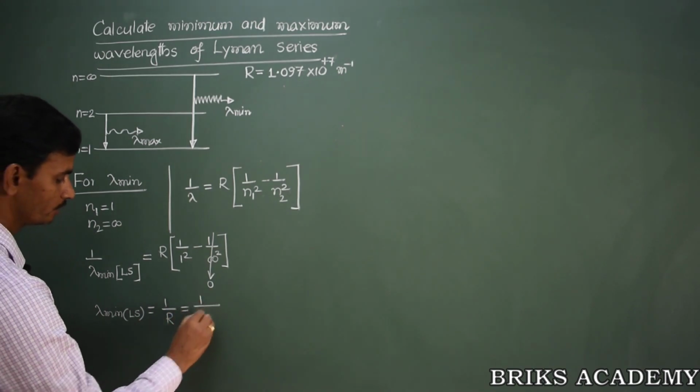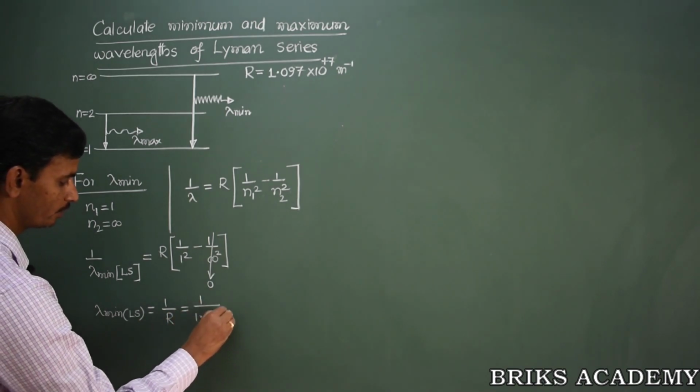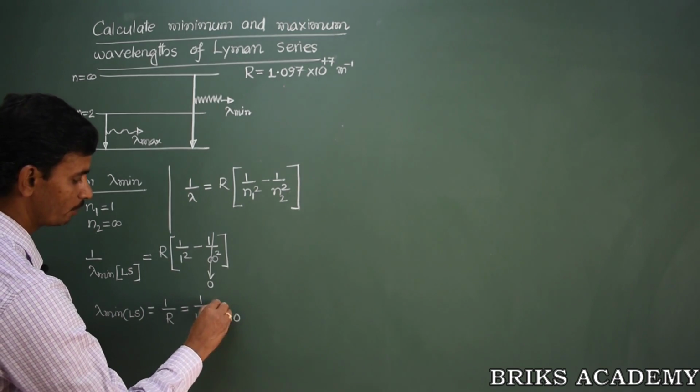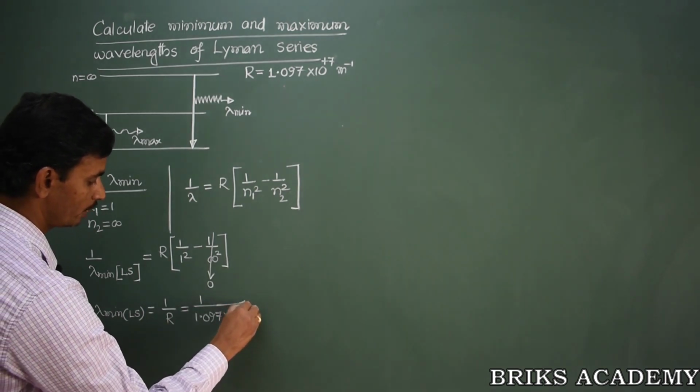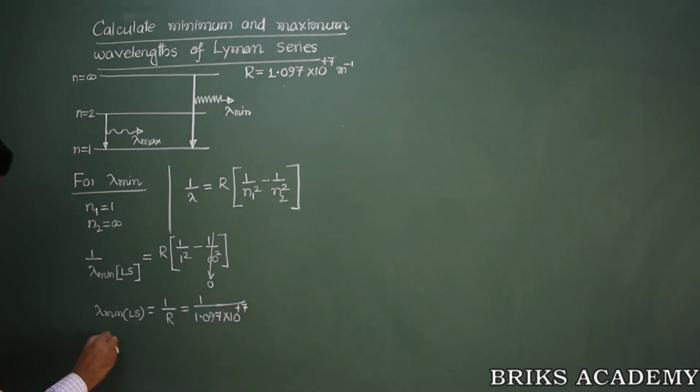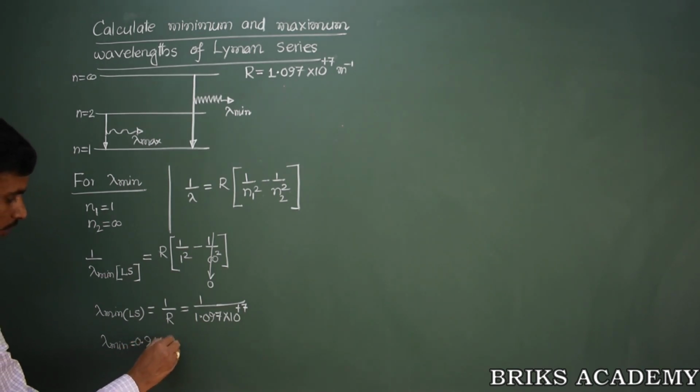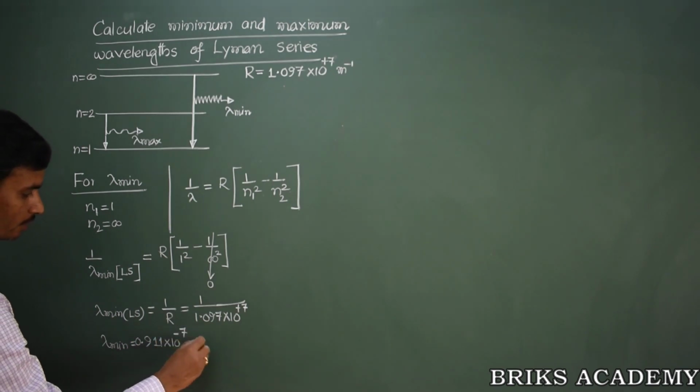It is therefore 1 by 1.097 into 10 to the power of plus 7. Right now I am not going to use a calculator, so approximately we will be getting around 0.911 into 10 to the power of minus 7 meters.